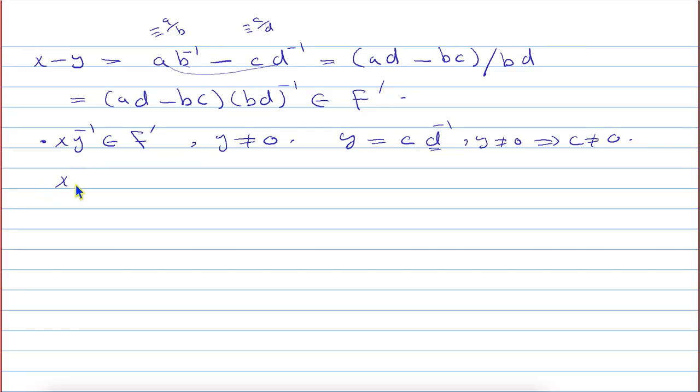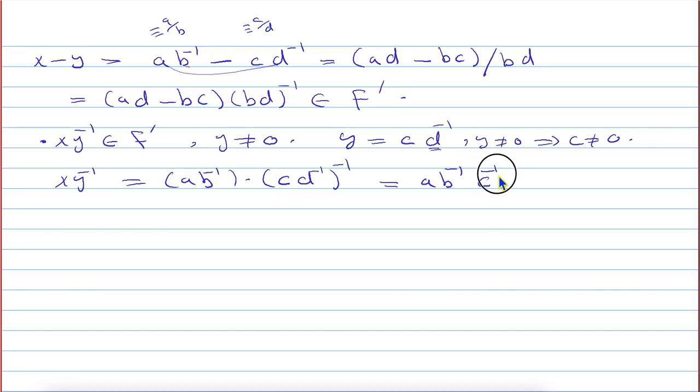Now x y inverse equals AB inverse times CD inverse, all inverse. Since we are inside the field, it is commutative and the order doesn't matter.